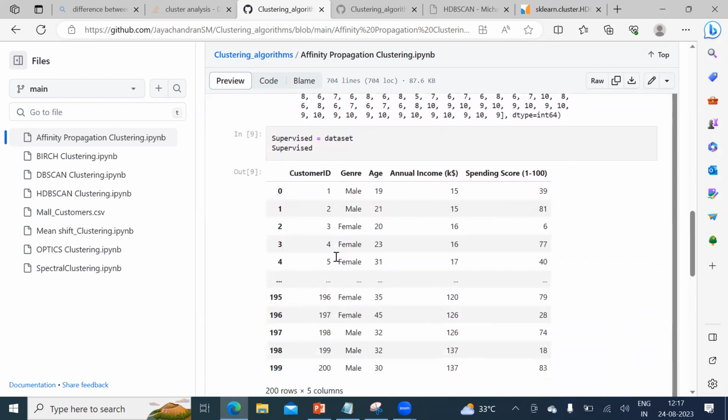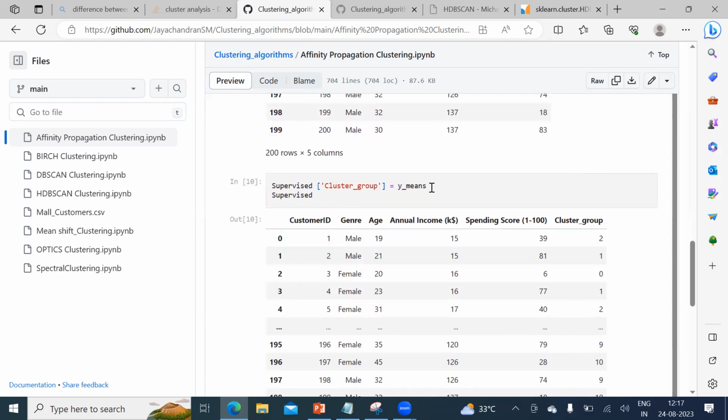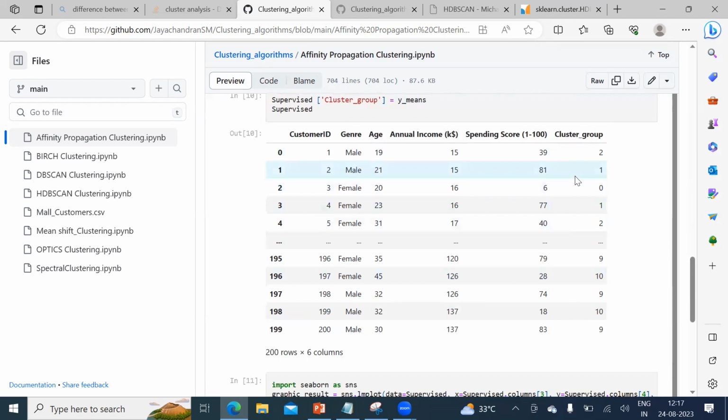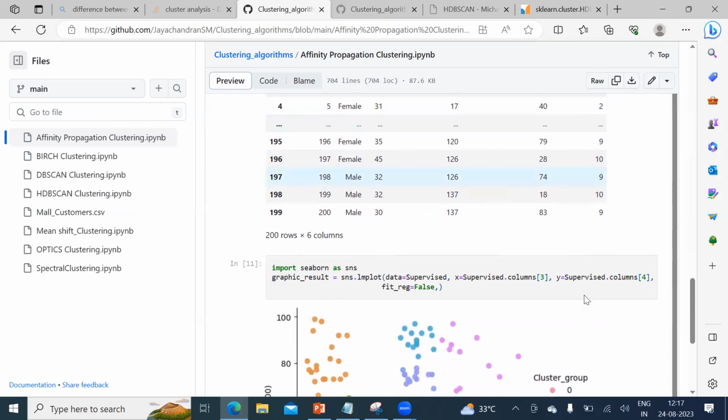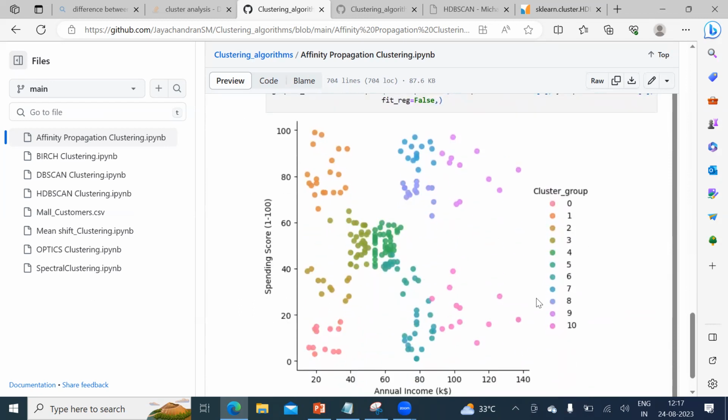Now I'm going to include that particular column into the existing data set, so that I am getting something like this. Okay. So this is the one which has been created as a part of running the affinity propagation algorithm. And finally, using Seaborn, I'm plotting it, and found out this is my data set, meaning what has been uncovered as a part of the clustering group.